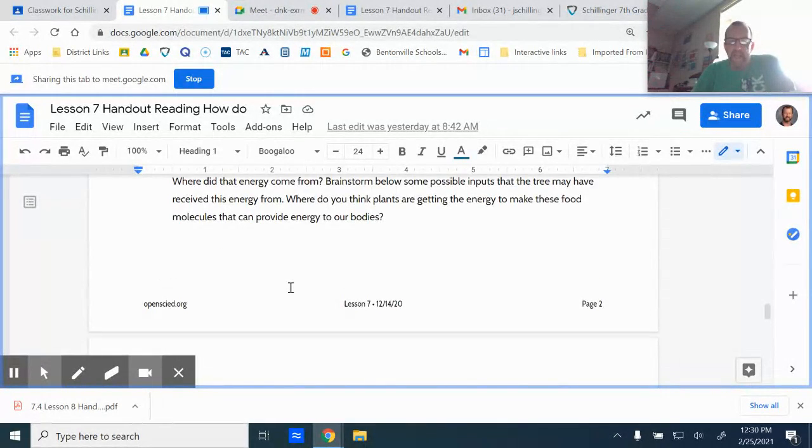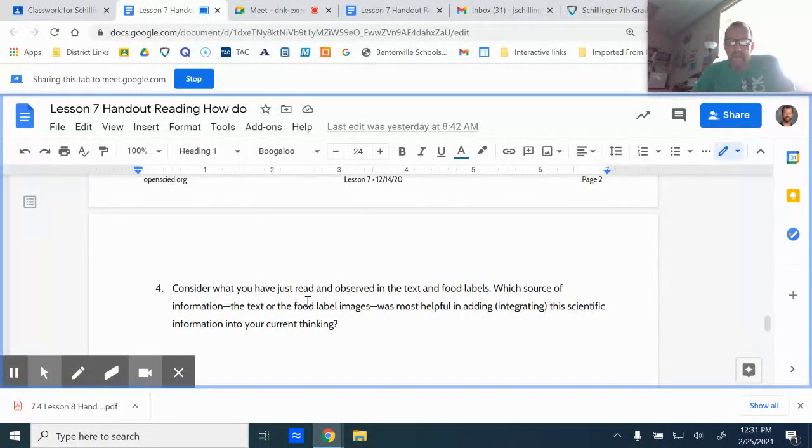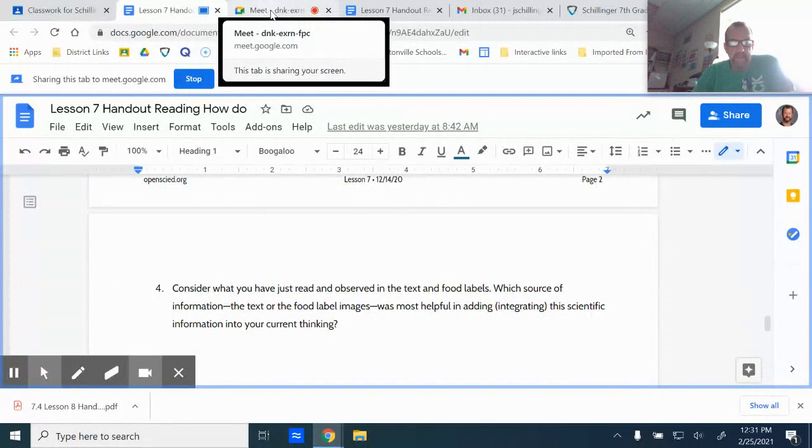Which of this helped you better understand about calories, which gives you the most energy for a food? So it could be text labels, it could be food images. Tell me which one and why it was the most helpful to you. So that's kind of an independent thinking one right there. So I'm going to let you answer that one independently.